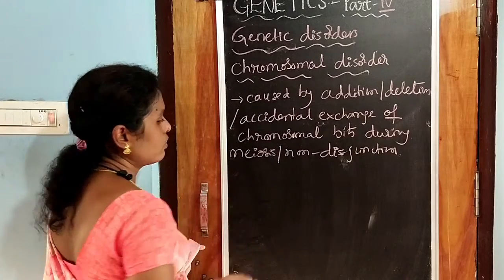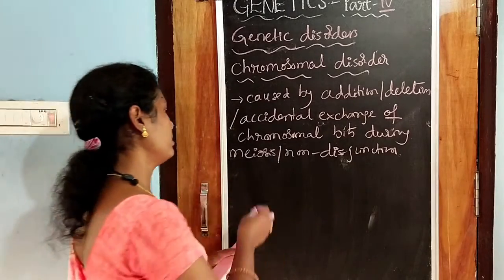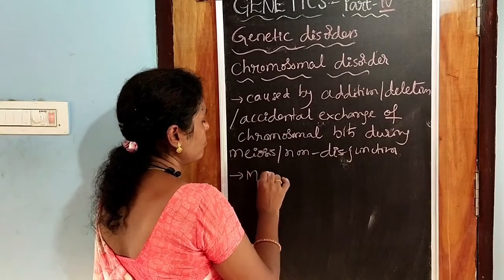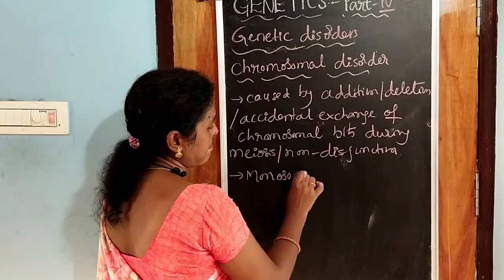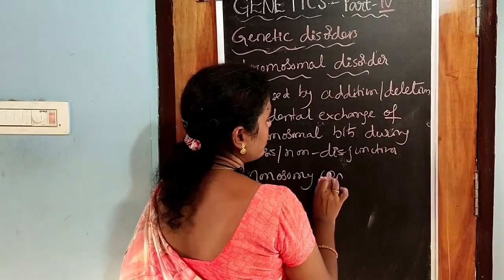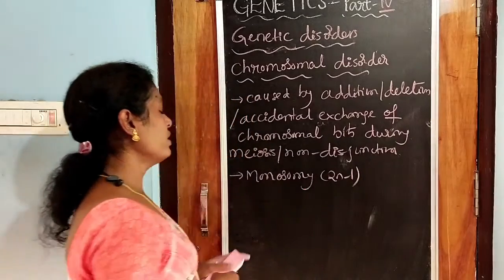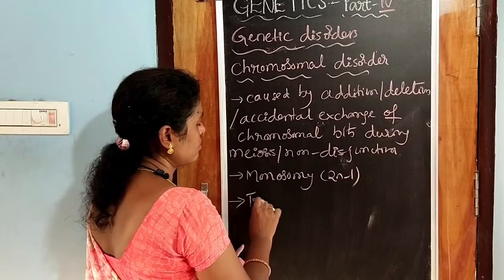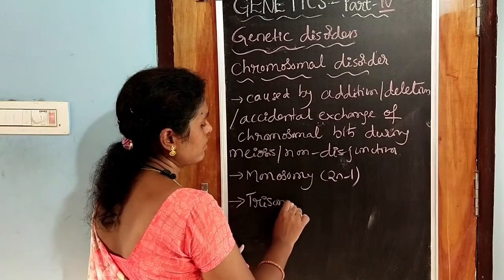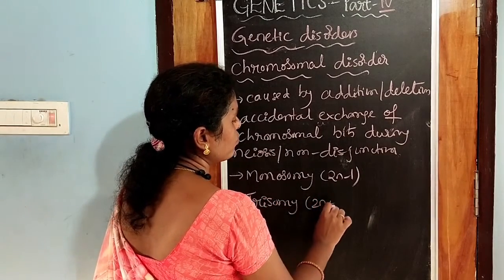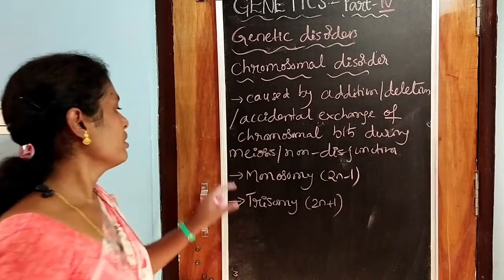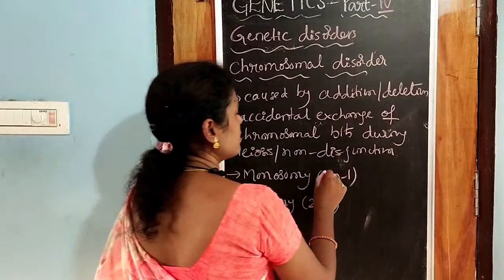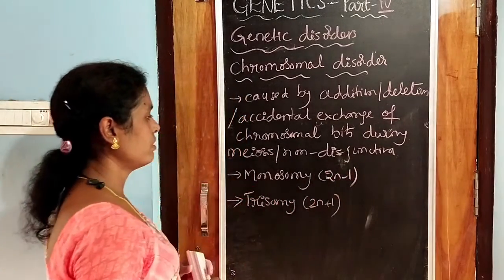When a chromosome is deleted from a pair, that is represented by monosomy, 2n minus 1.